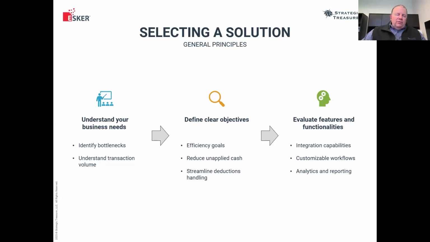Chaz, on the customizable workflows, do you find more value for companies because their company may be unique in totality, or that there may be several lines of business that require a different workflow, division 1 versus division 2?